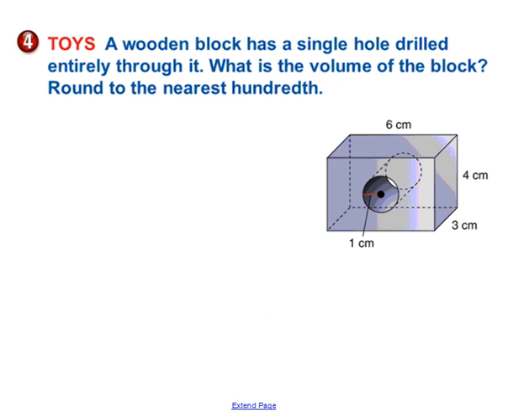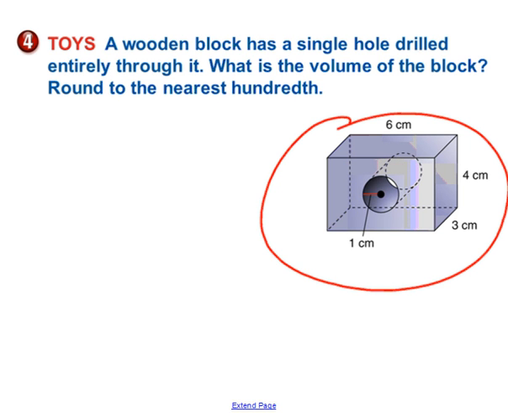All right, a wooden block has a single hole drilled entirely through it. What is the volume of the block? Well, I'm going to find the volume of the block if there was no hole drilled through it, and then I'm going to subtract how much we lose when we drill the hole.